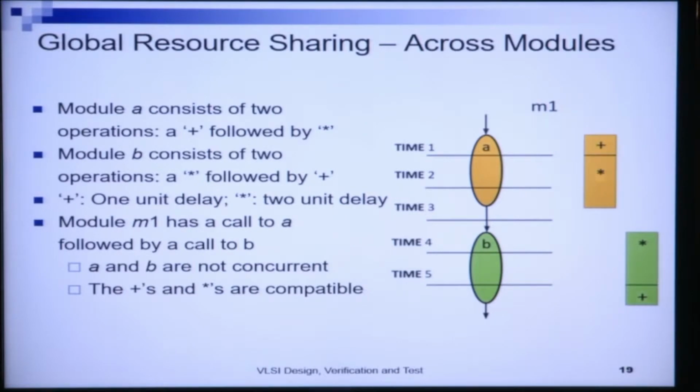Now, we need to understand that within a single operation constraints graph there are no control statements, there are no mutually exclusive operations, there are no branches, and there are no loops. However, when we attempt to consider resource sharing across operation constraints graphs in different modules, we need to also consider the control flow structure, the loops, the branches in those modules.